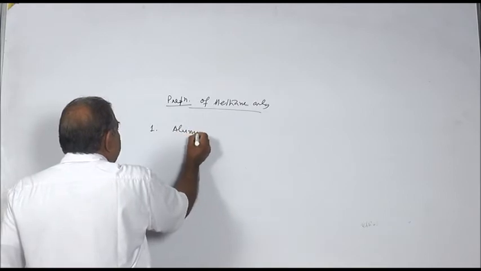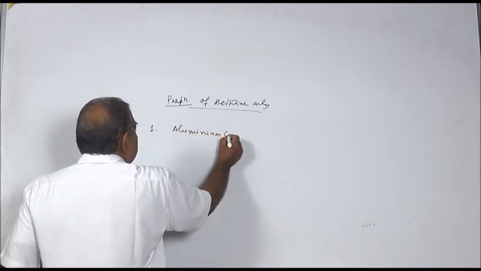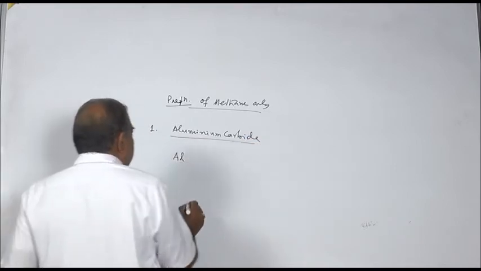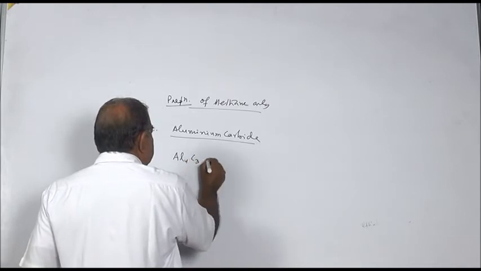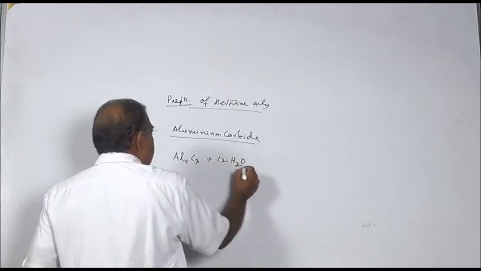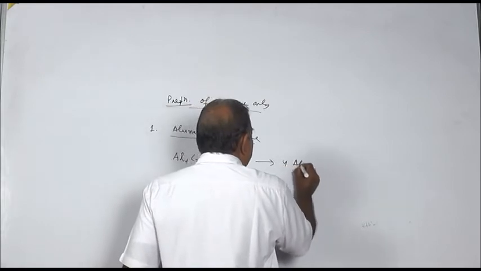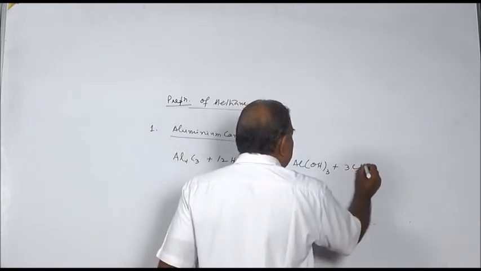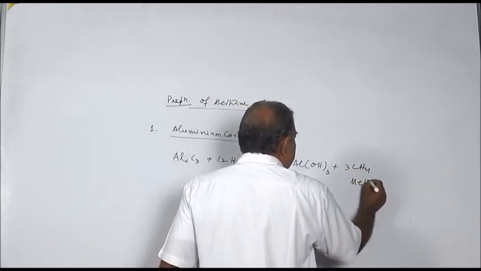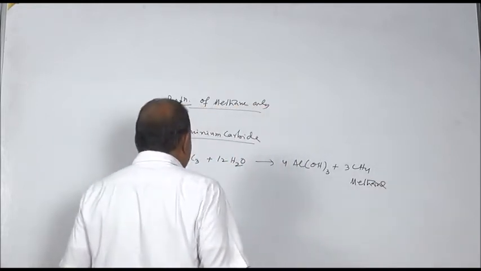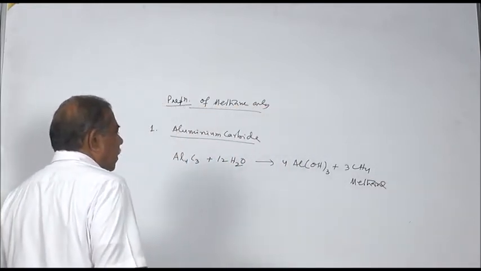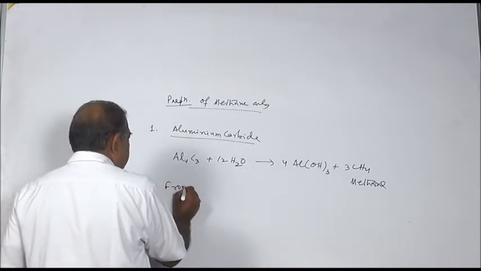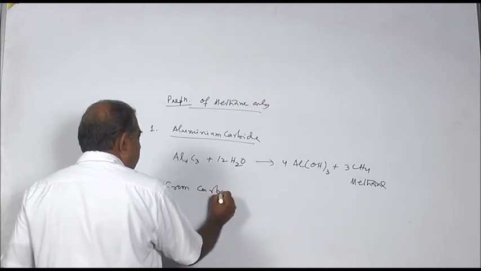When aluminum carbide, Al4C3, is treated with water, it forms aluminum hydroxide and methane. Another method is from carbon monoxide.